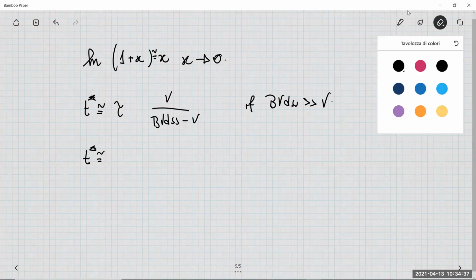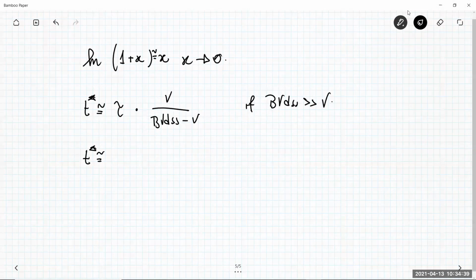I just approximate it in this way. Tau is LA over RA, times V over BVdss minus V.